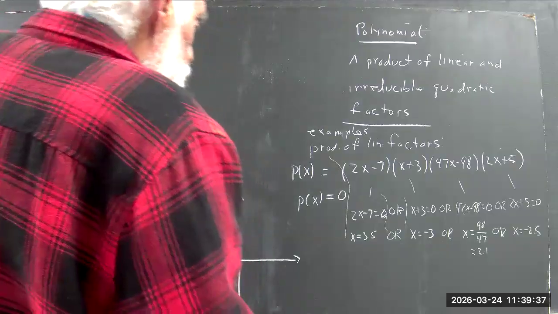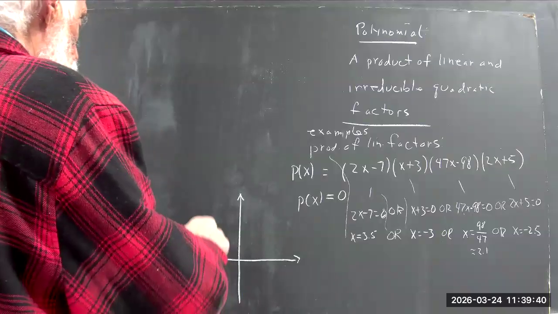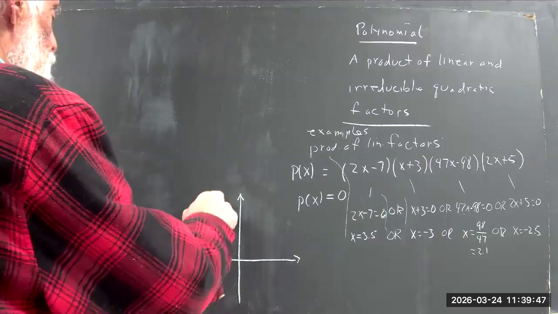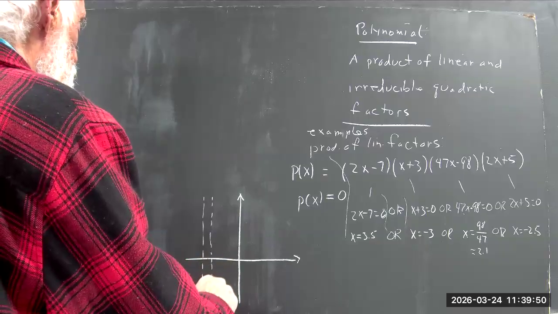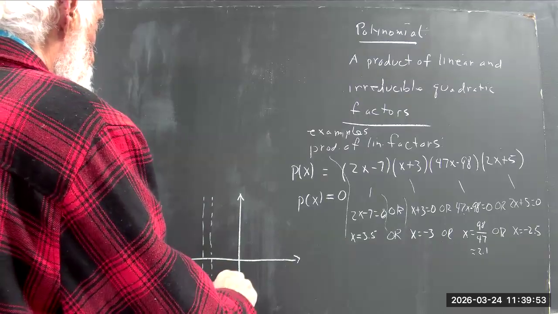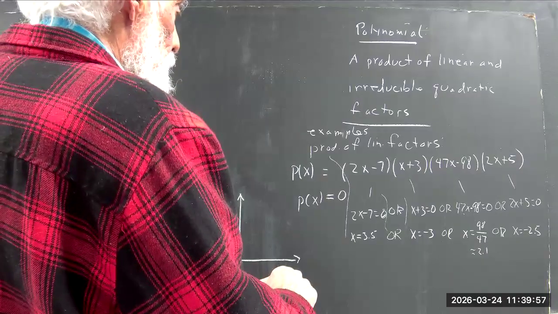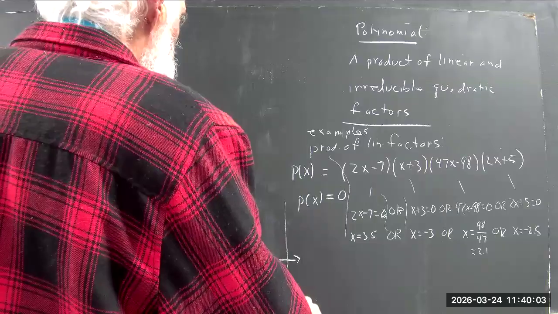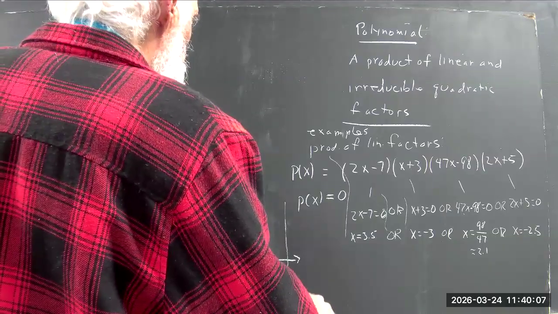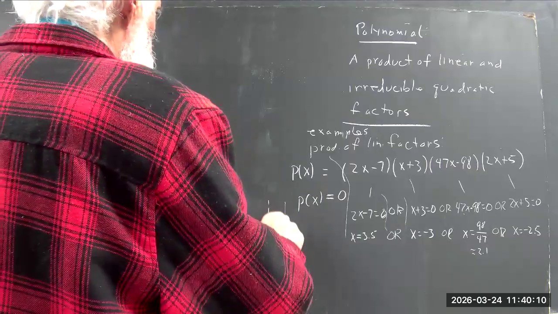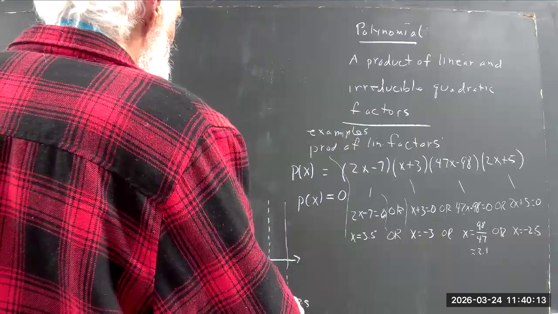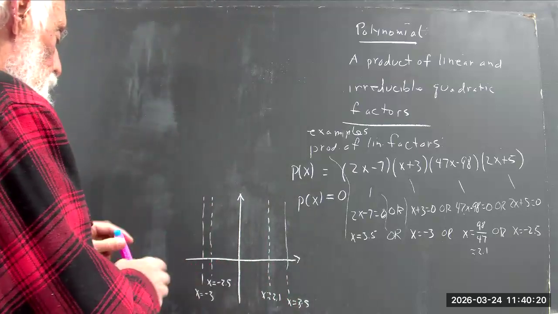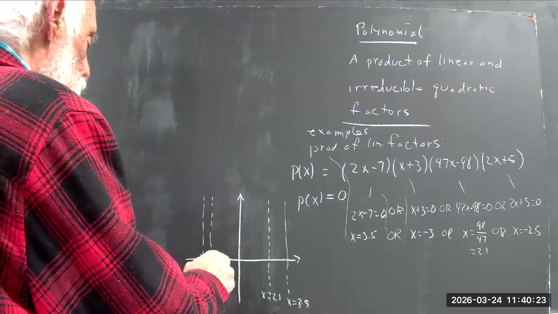At x equals negative 3, at x equals negative 2.5, at x equals 3.5, and at x approximately equals 2.1, we have x-intercepts, points on the x-axis.